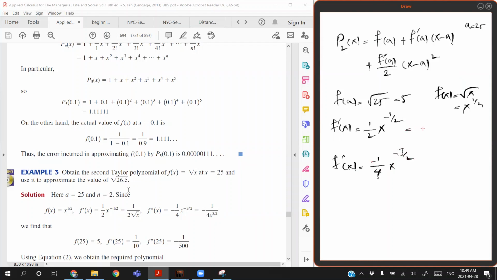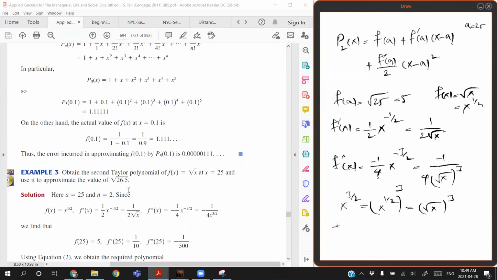Yes. So this I can write as 1 over 2 root x. And this one I can write as negative 1 over 4 root x to the power of 3. Notice that if I have x to the power of 3 over 2, I can write that as x to the power of 1 over 2, that to the power of 3. I can write that as root x to the power of 3.